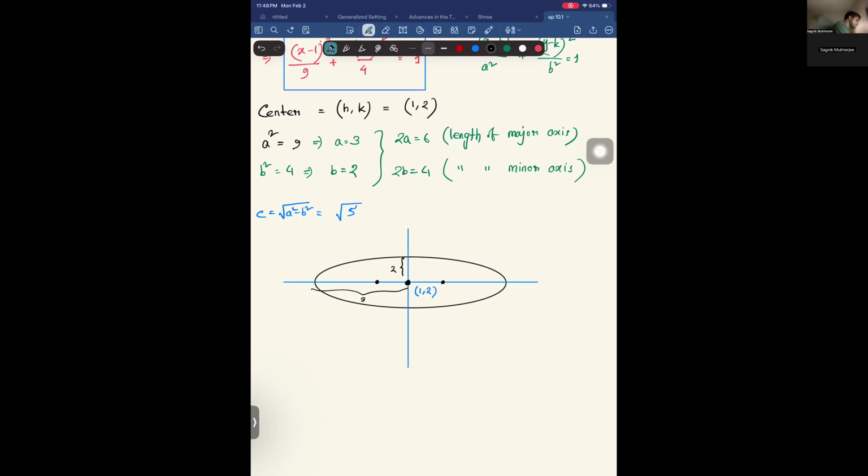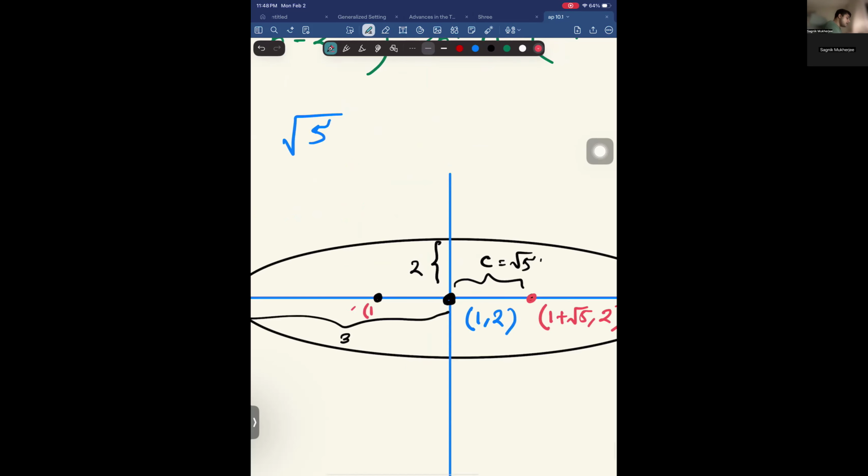So this length is c, which is square root 5, right? So this is a point 1, 2. The major axis is horizontal to the x-axis, meaning the first focus, you just shift the x-axis, right? So that means the coordinate of this focus is 1 plus square root 5, 2, and this is 1 minus square root 5, 2, right?